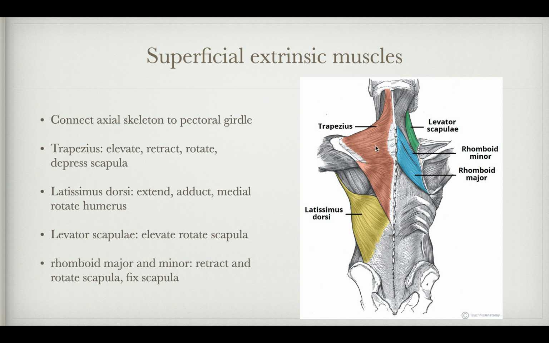It elevates, retracts, rotates, and depresses the scapula, and the latissimus dorsi extends, adducts, and medially rotates the humerus. The levator scapulae elevates and rotates the scapula, and the rhomboid major and minor retract and rotate the scapula, and it fixes the scapula to the vertebral column.